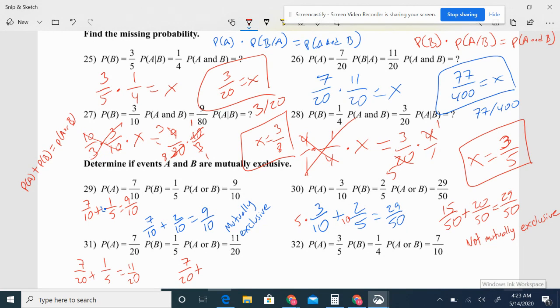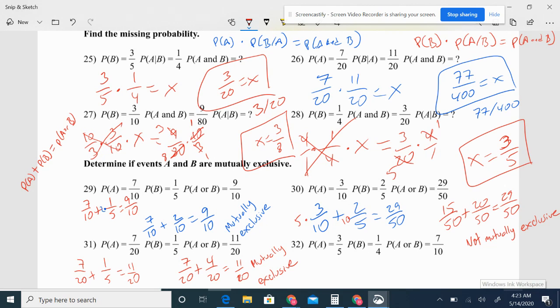I'm going to multiply everything by 4. So I have 4 over 20 equals 11 over 20. Have the same denominator. So is 7 plus 4 equal to 11? Yeah, in this case it is true. Therefore, mutually exclusive.